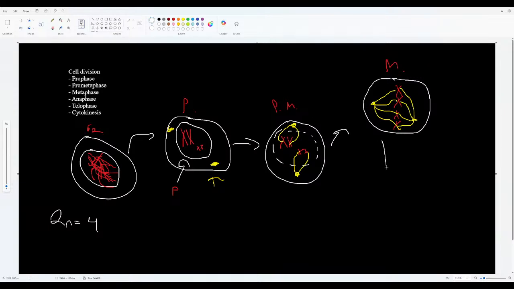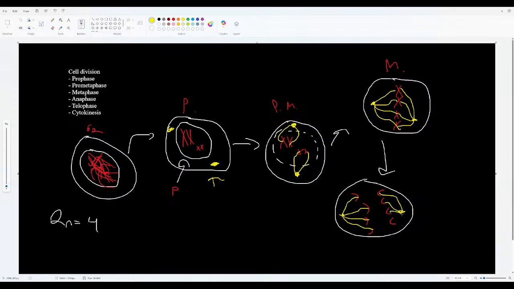So now we're going to move on to anaphase. For anaphase, we have all of the DNA migrating to each pole. Now we're migrating towards each side of the cell.